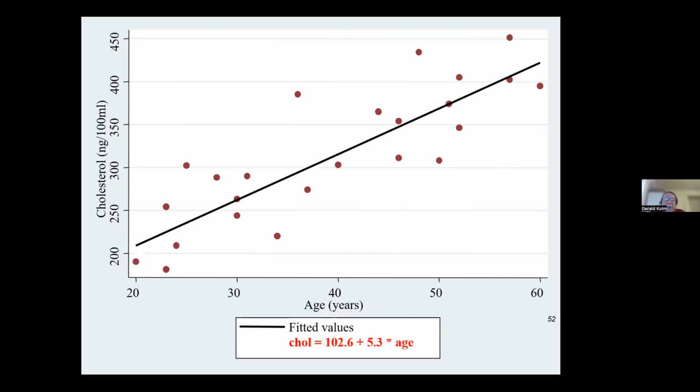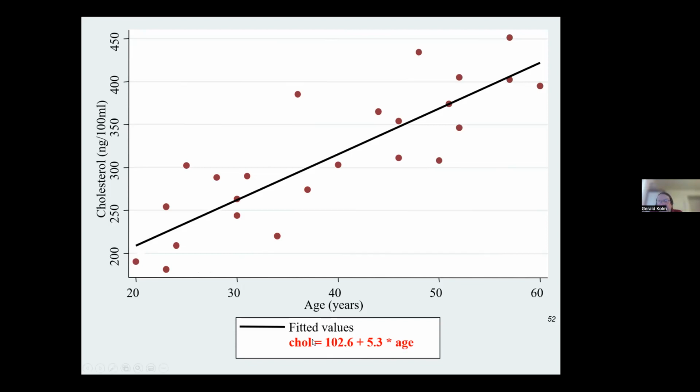So what that means is that for every year increase in age, cholesterol goes up by 5.3 units, in this case, mg per 100 milliliters. So our regression equation gives us more information than just the correlation coefficient alone. It gives us this intercept point, which in some cases might be important.